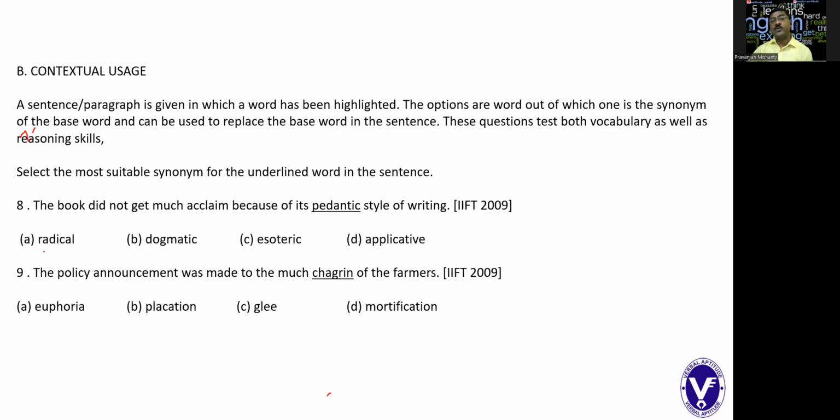Anything that he believes, he goes to the extreme of it. So, radical. He is sort of, you can say, dogmatic. He is radical because he has a view and he goes to the extreme of that view. He is not moderate. Dogmatic and radical can be synonyms of each other.